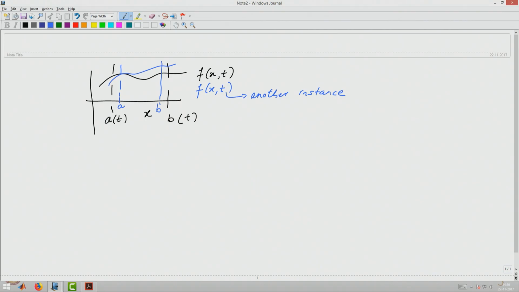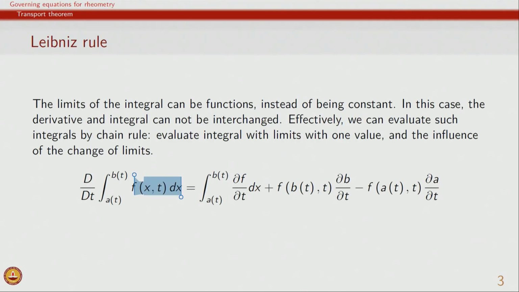So, therefore, we are interested in knowing this integral of f of x dx from a to b, but a and b are themselves functions of time. So, in this case evaluation of this integral is not a problem, because we know the limits though they are functions of time.